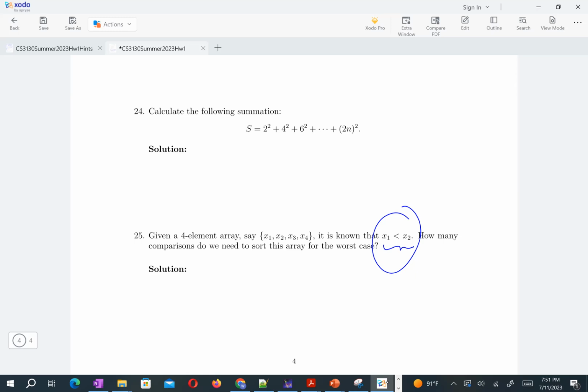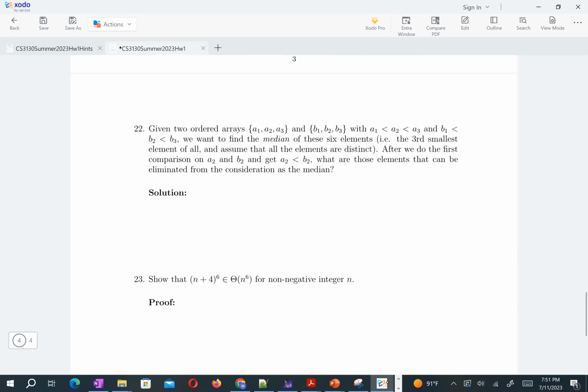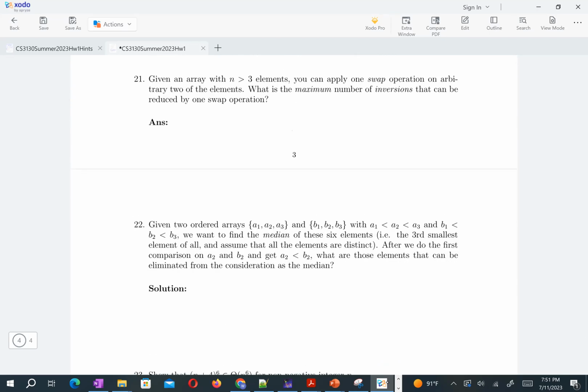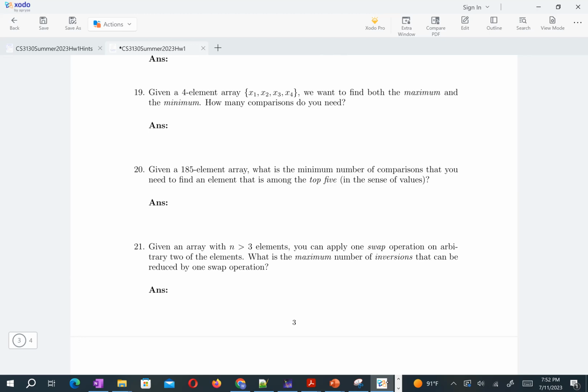But remember, this is a solution. I do not ask you for just the answer. For a solution, you need to provide me the details. When you see solutions, not answers, you need to show me the detail. For answers, you do not need to show me the details. But for answers, if you want to get partial credit, it's better to give me some critical steps or main formulas.